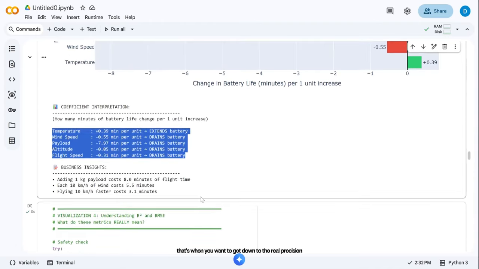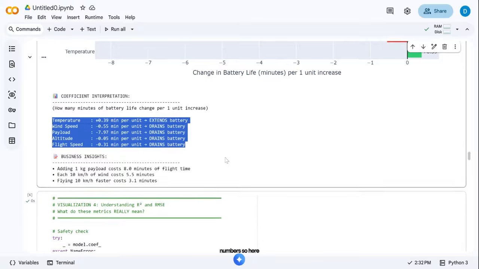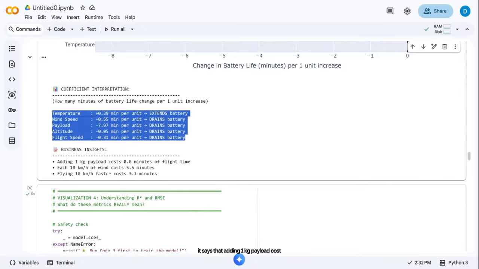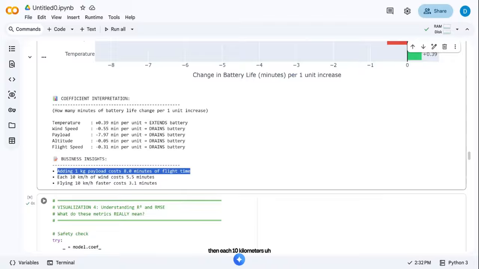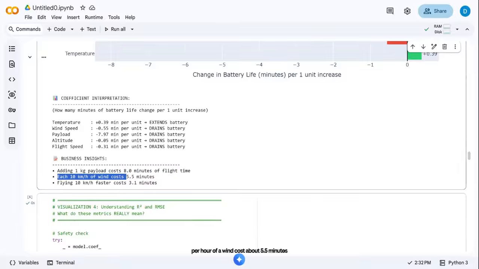So that's when you want to get down to the real precision numbers. Here it says that adding 1 kilogram of payload costs 8 minutes of flight time. Each 10 kilometers per hour of wind costs about 5.5 minutes.